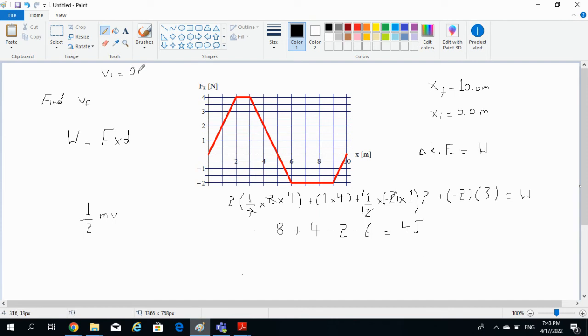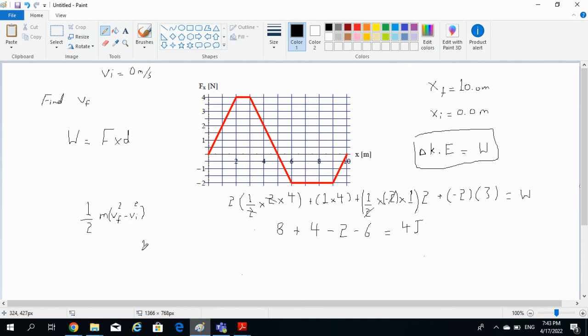So what happens is that the change will be equal to Vf minus Vi, and after that you can say that this is how it stands. So this is 0, so this gets eliminated. So you're only going to take the final velocity, which we have to find. So I put that in this scenario now. The work done is 4 joule, and that equals half mv square.